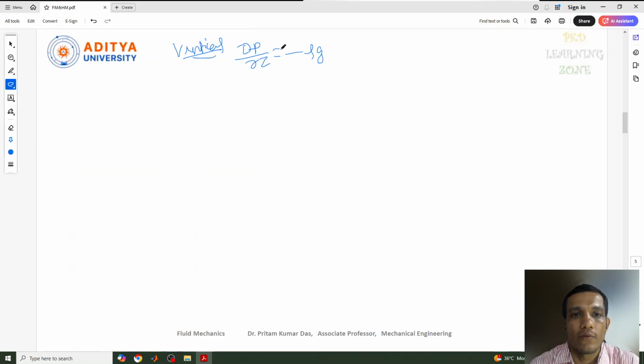So now we can write Z as the vertical distance in the upward direction. Now this pressure will vary with respect to R and Z, because R is the radial direction and Z is the vertical direction.